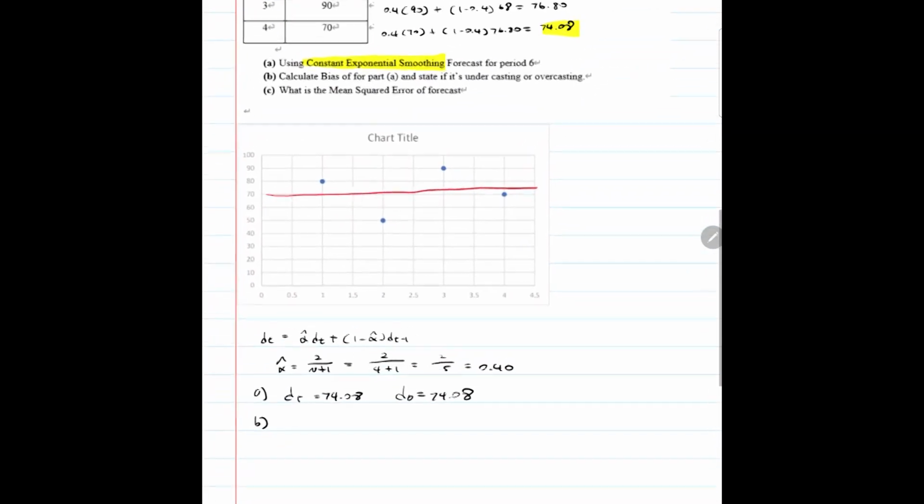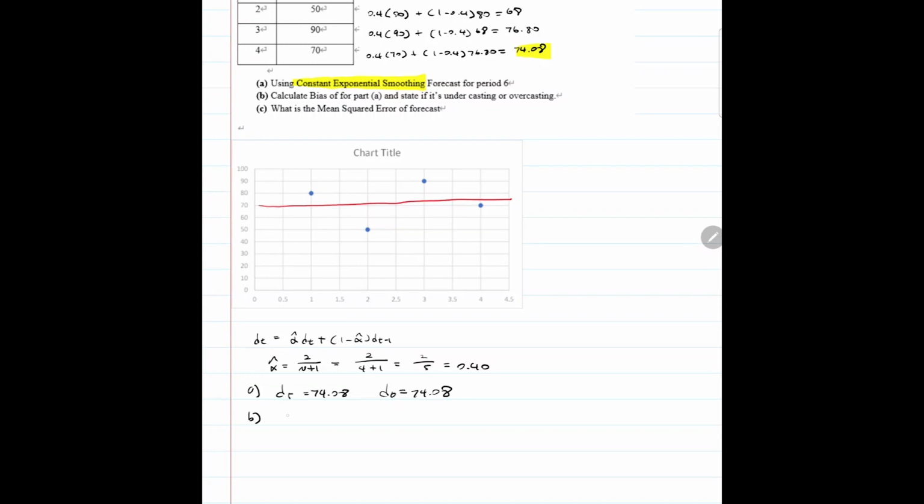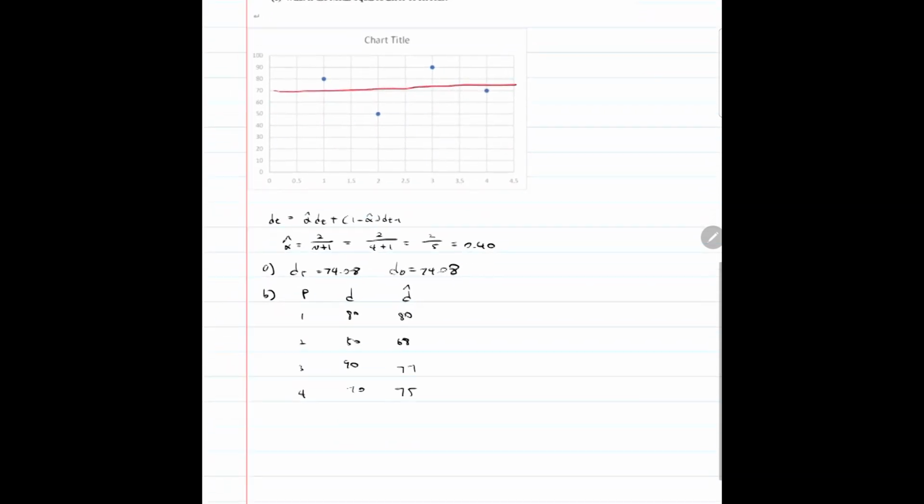On periods 1, 2, 3, 4, the actual demand was 80, 50, 90, and 70, and the expected demand was 80, 68, 77, and 75.